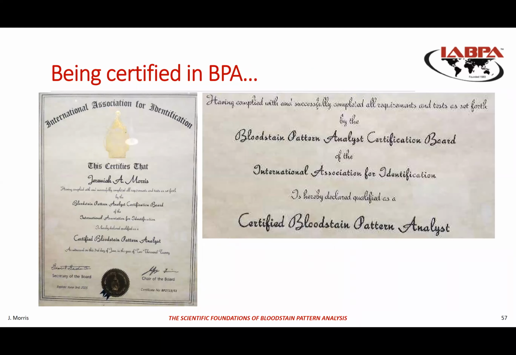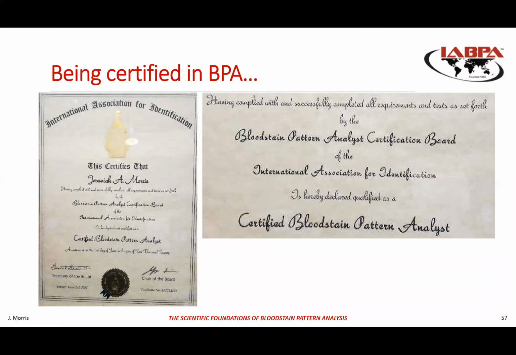The International Association issues a certificate in bloodstain pattern analysis, and this is what that certificate looks like. With this, I had to demonstrate that I had taken a basic course. I had to take hundreds of hours of additional training. I had to submit to a test that was provided, a written test, as well as a practical exam, and I had to pass that.